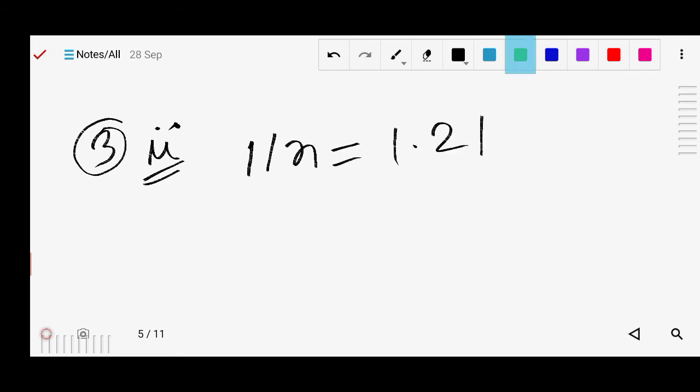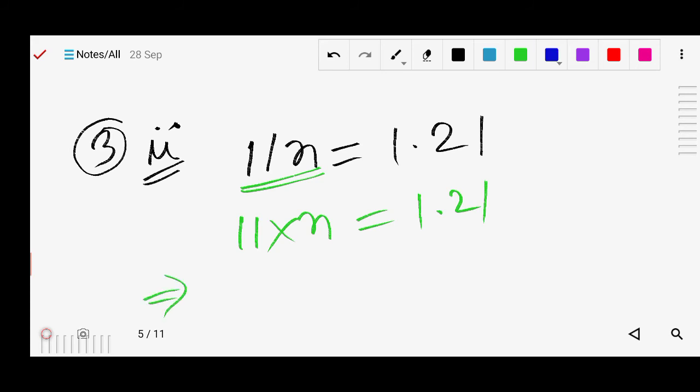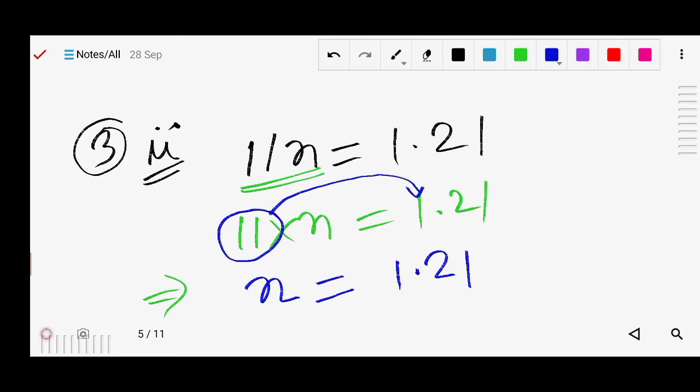Here you can see 11n means 11 into n, it is multiplied. Now next, you can move this 11 to this side. Here only n will be left, and 1.21 is already there.